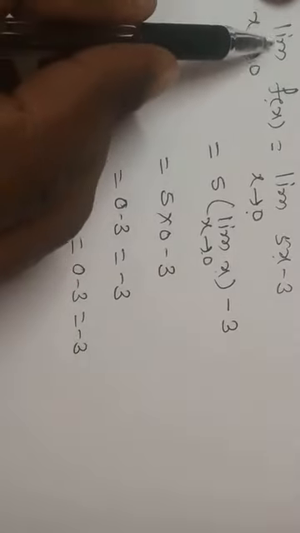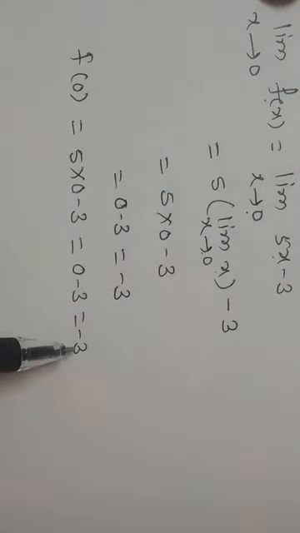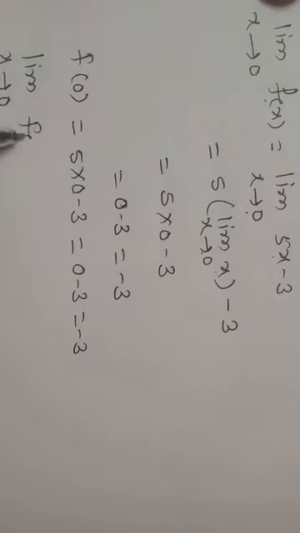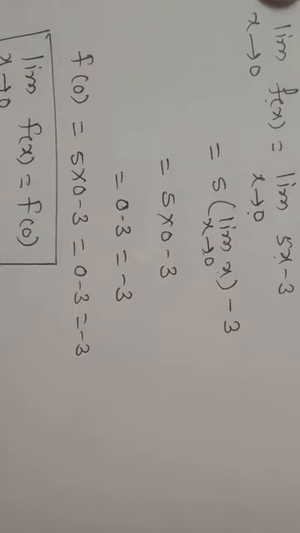Then we say limit x tends to 0 of f of x equals minus 3. But minus 3 equals f of 0. So limit x tends to 0 of f of x equals f of 0, and this satisfies the definition.